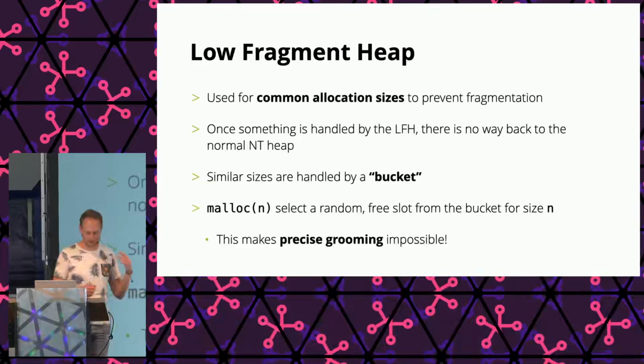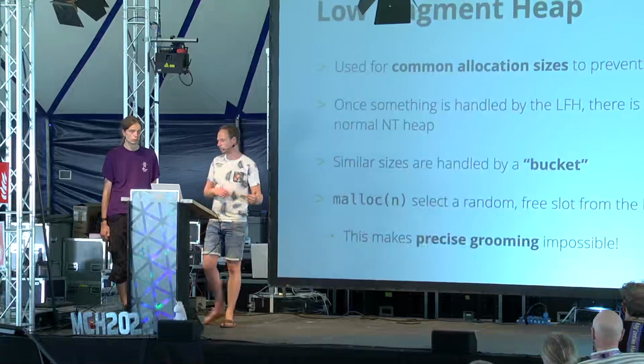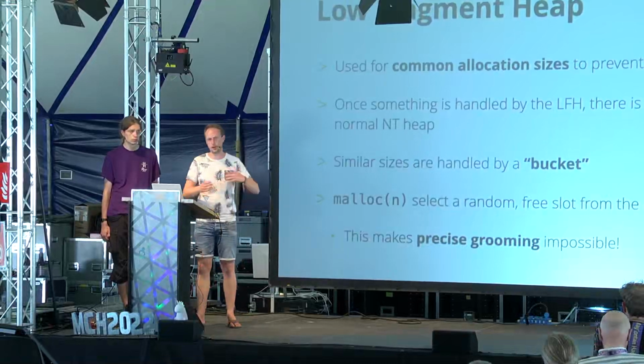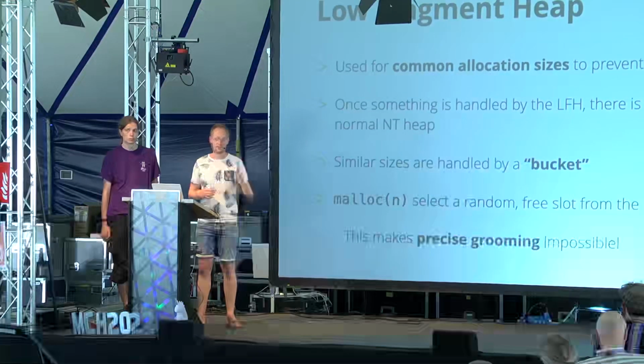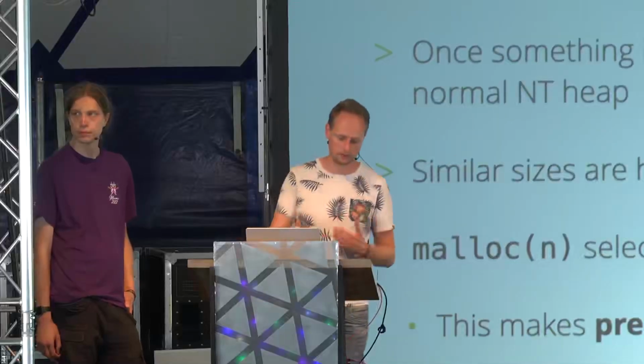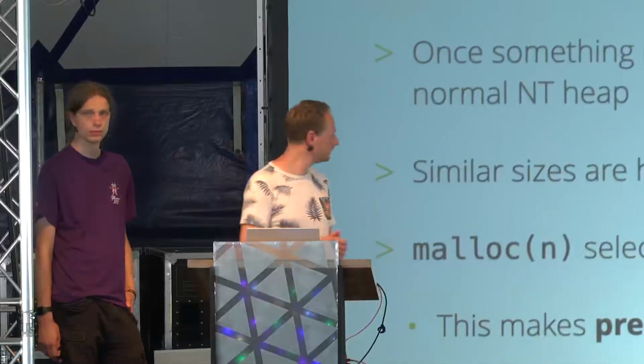And the thing with the low fragmentation heap is that it is not deterministic. The NT heap is deterministic. You can predict what the free list will look like, and it will always pick the same block, so you can reason about the shape of the heap at the other end.